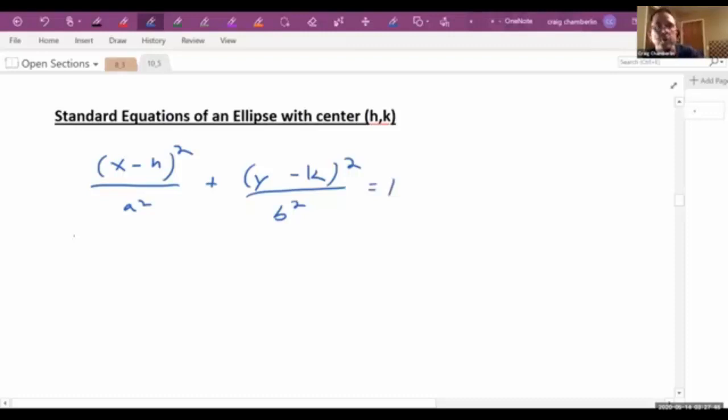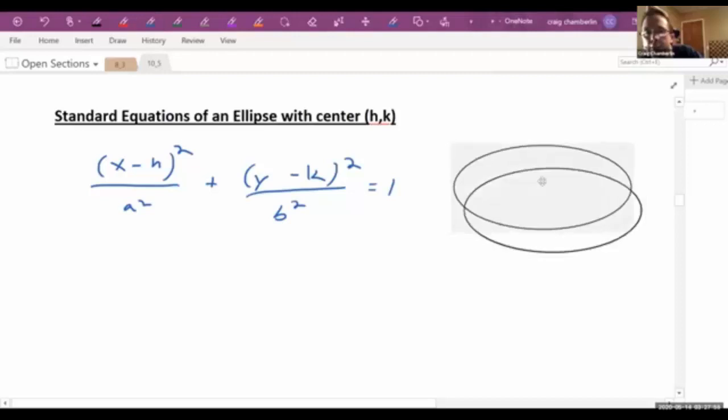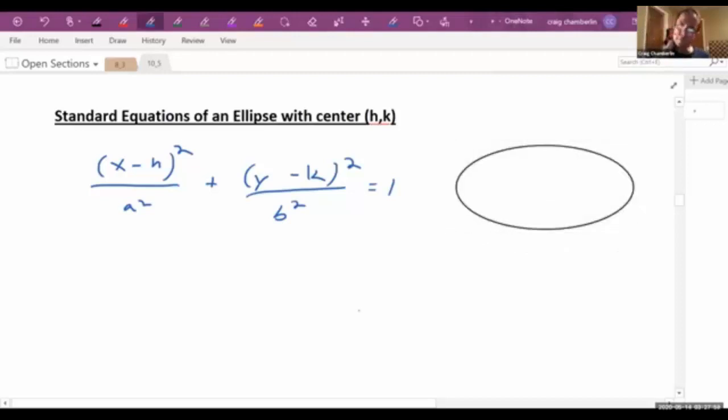If that's your equation, then, I can cheat a little bit and use my drawing tool here. Let's say that's your ellipse. The ellipse is the curve itself, the points that make up the curve. The center of this thing, if this is its equation, is (h, k).